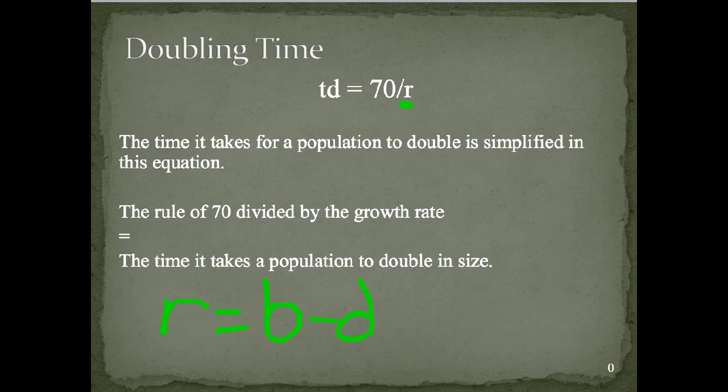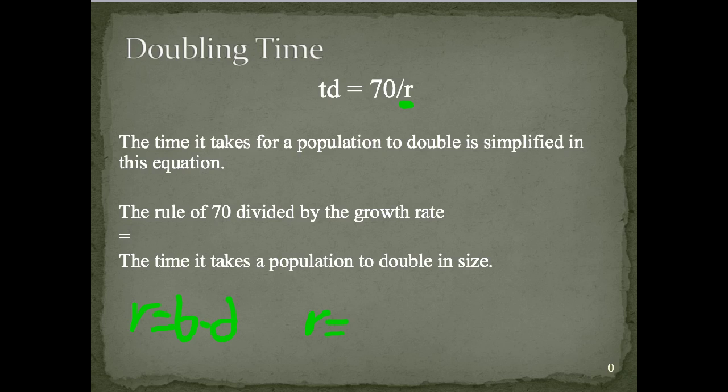The deaths. So, just of the world, we're looking at rate equals births minus deaths.